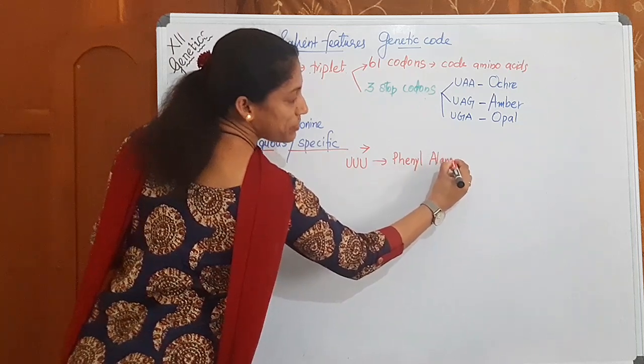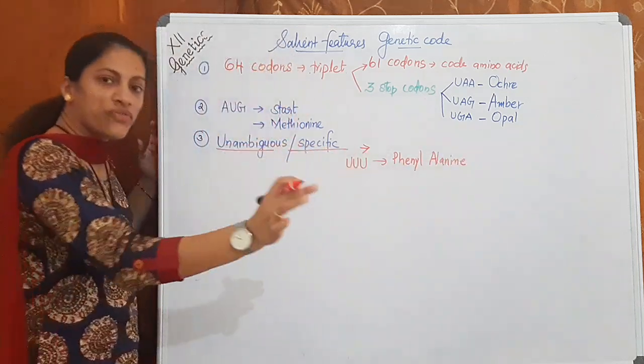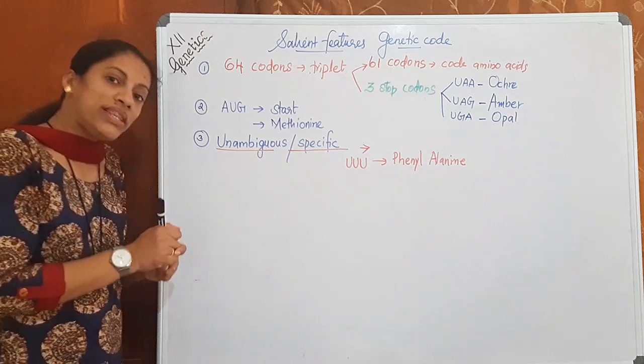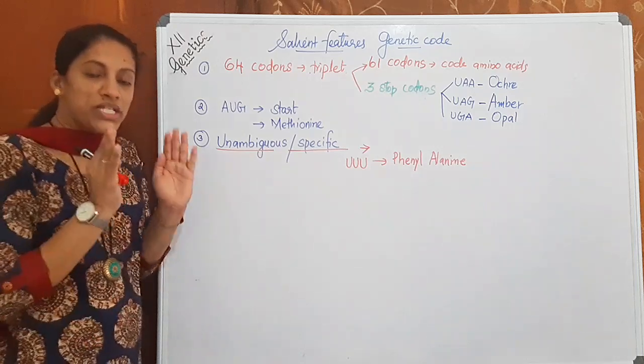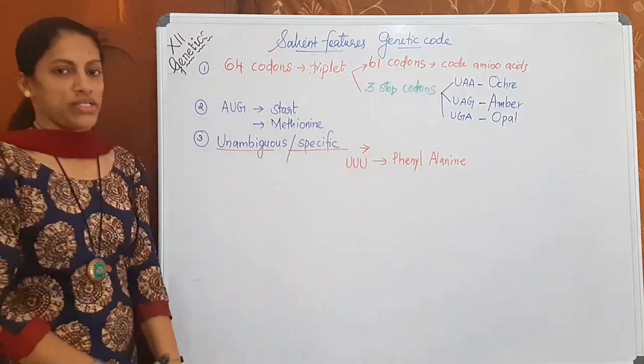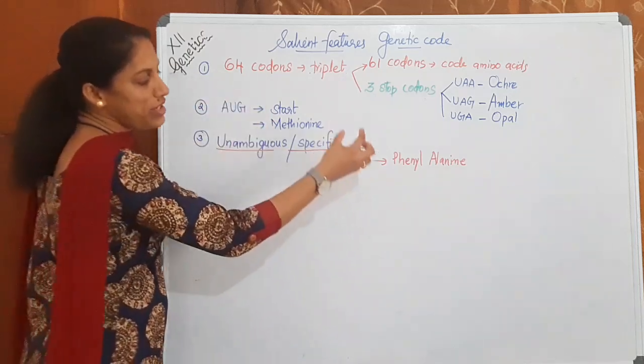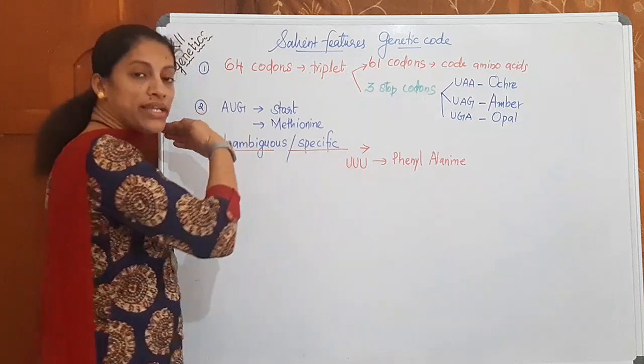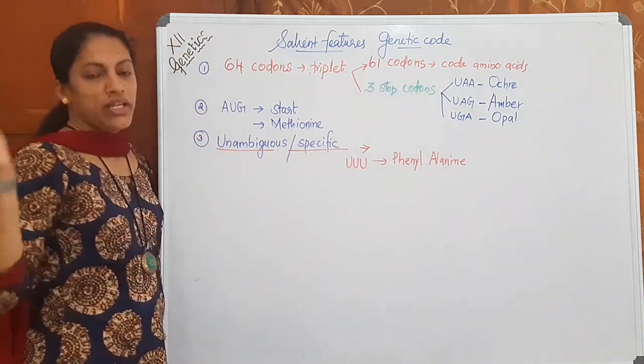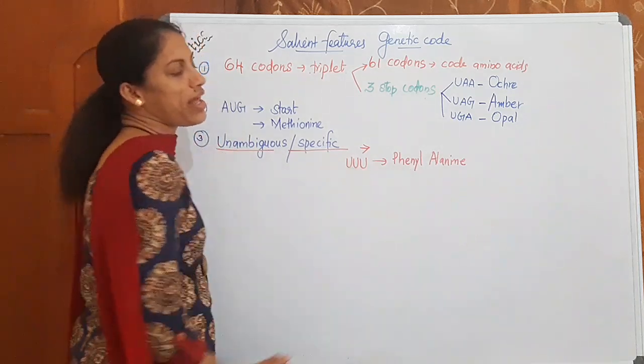Okay, specificity means what? That is specific for that. That means all the triplets are specific. It will never code for a different amino acid. Always it codes for its amino acid only. For example, if it's UUU at any place of the RNA, it always codes for phenylalanine only.